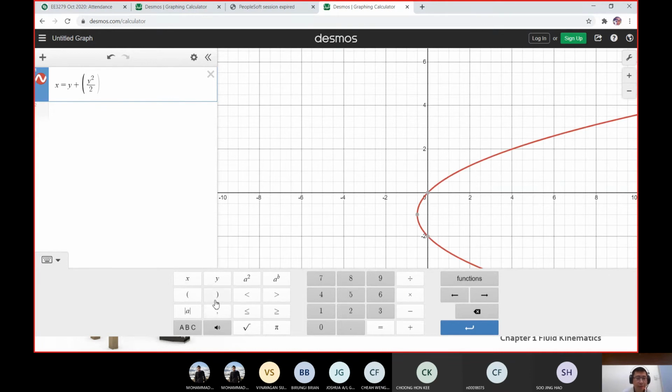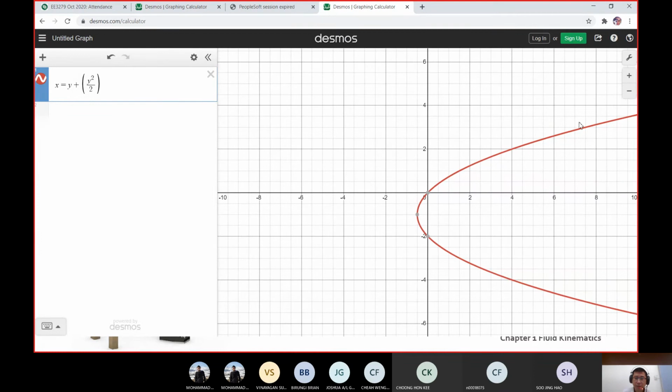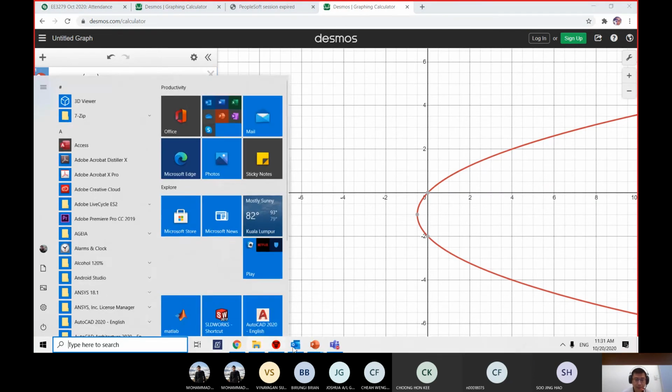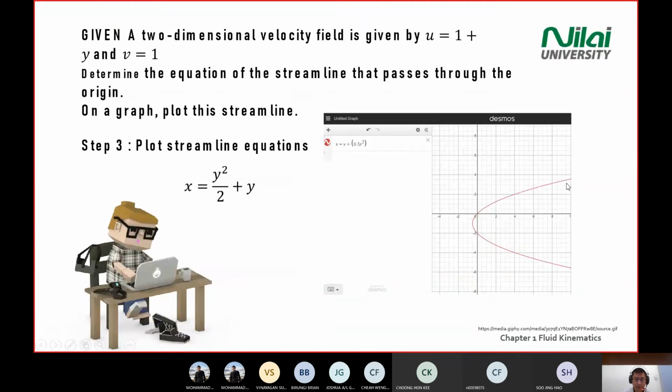It's also the same, and remember, always close your equation. Then from this graph, you will see this is the streamline for the equation given, like this. Okay. So you get this shape.